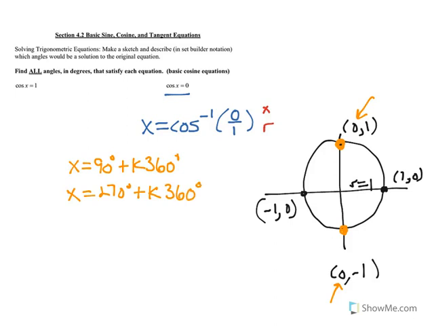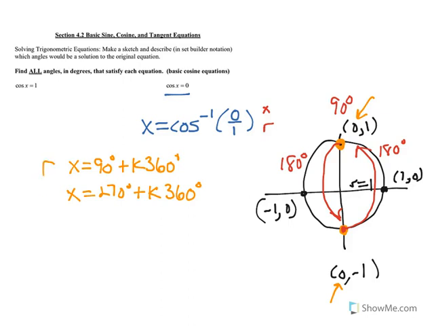For some solutions, you can actually simplify this and put the two ideas together. Notice instead of going a full rotation of 360 off of each one, you could just start at the first one at 90 degrees and say that you're going to rotate 180 to get to the next one. And then to get from this one back to this one, you're going to add 180 again. So sometimes there is some symmetry, and you can put them together and just say you're going to go by multiples of a half circle.